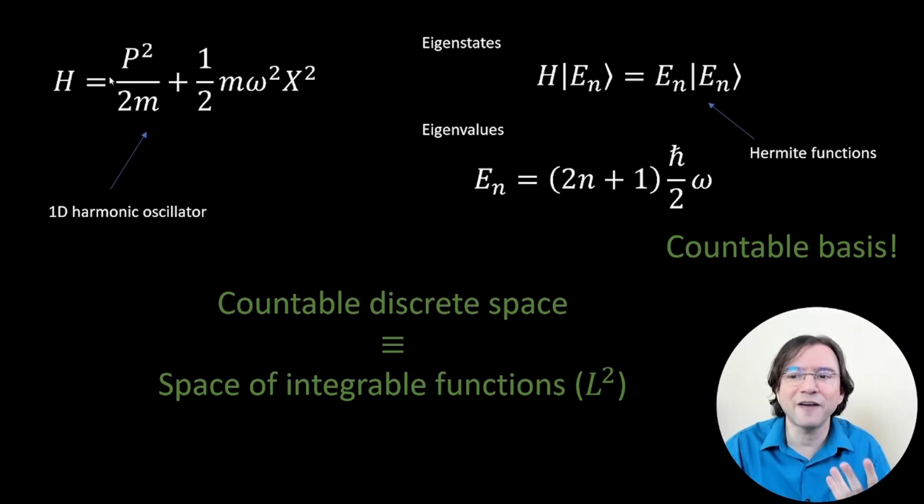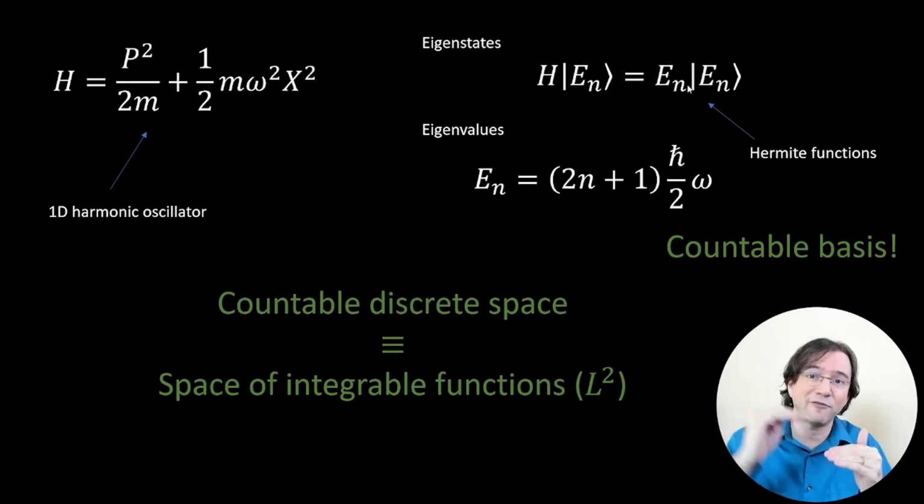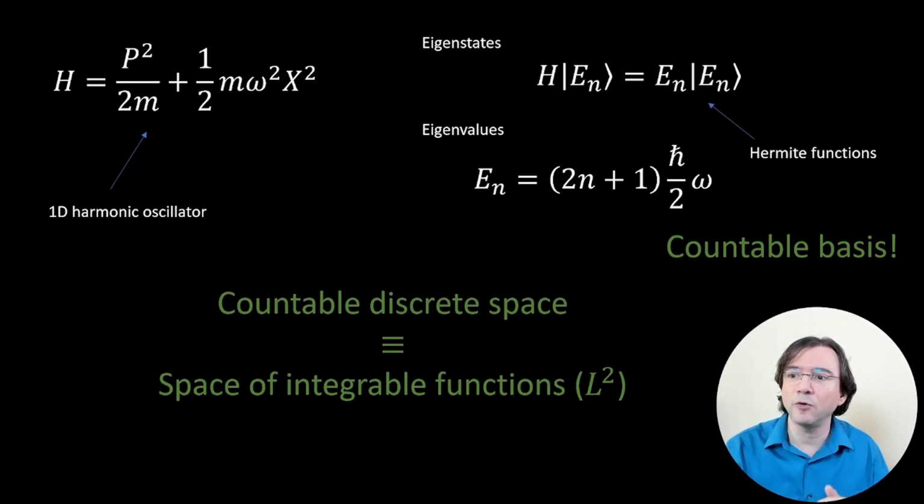So suppose we have a harmonic oscillator, right? A one-dimensional harmonic oscillator. The eigenstates of this harmonic oscillator are going to be the Hermite functions. And these are countable, right? There are discrete energy levels that you can step up and down, and each of them is going to have an eigenvalue that is (2n+1) ħ/2 times omega, right?